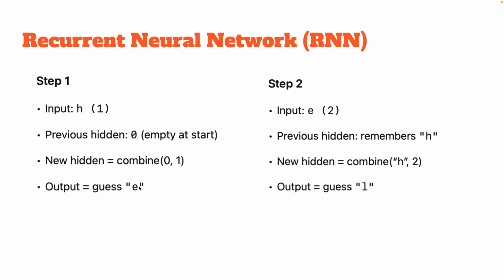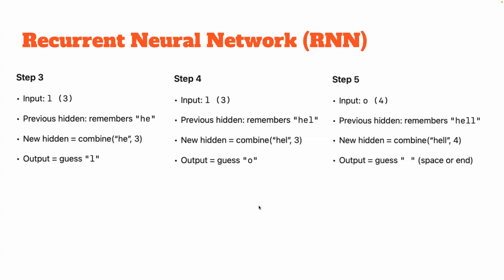Okay. And then you take that E, which will be the input for the previous hidden part, and the next word is E. If you want to predict what's going to happen after E, you put these two together: the previous one is H, and this one's E, and then you guess the next one, which is L. Same idea.